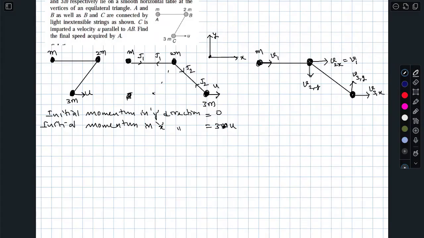The initial momentum in x is 3mu. Sigma px is equal to 0. Law of conservation of momentum along the x-axis. So you get 3mu is equal to mv1 plus 2mv1 plus 3mv3x.